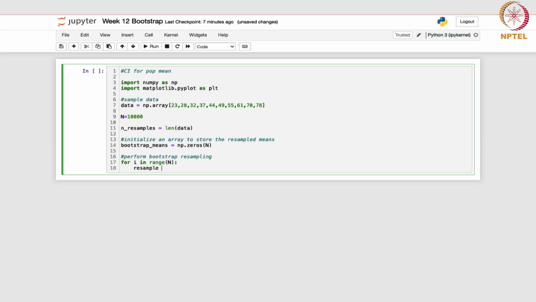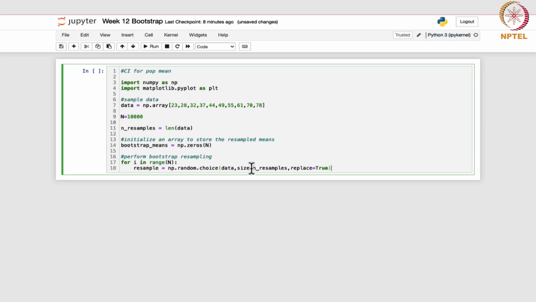So we will write resample equal to np.random.choice, because we are doing resampling with replacement, data, of size n_resamples, and we write replace equal to True.